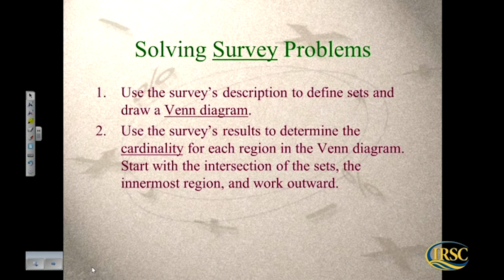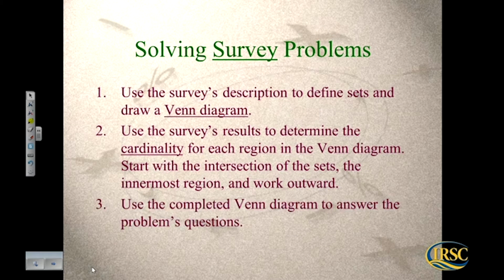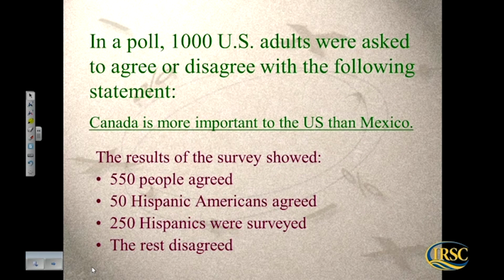But remember, when you're trying to put in the amount of items in each region, you start with the intersection of the sets or the innermost region and work outward. And then step 3, use the completed Venn diagram to answer the problem's questions, just like you did in those last series of questions.